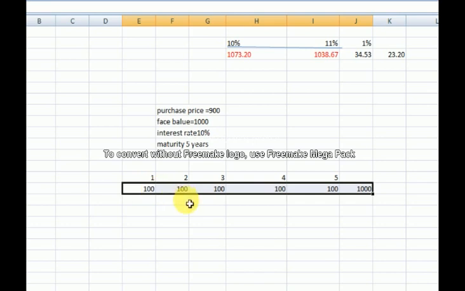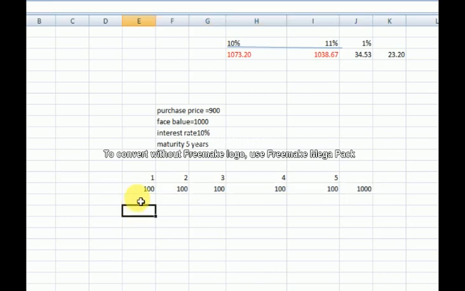Clear? But look at, after 1 year I received the 100 interest, but when I checked, the market price had increased from 900 to now 950. So I sold this bond at 950.